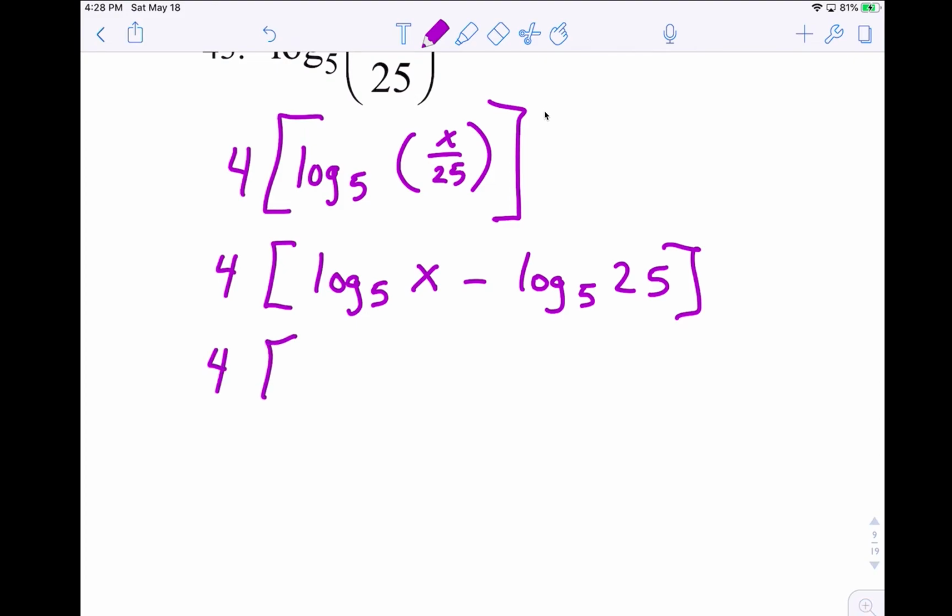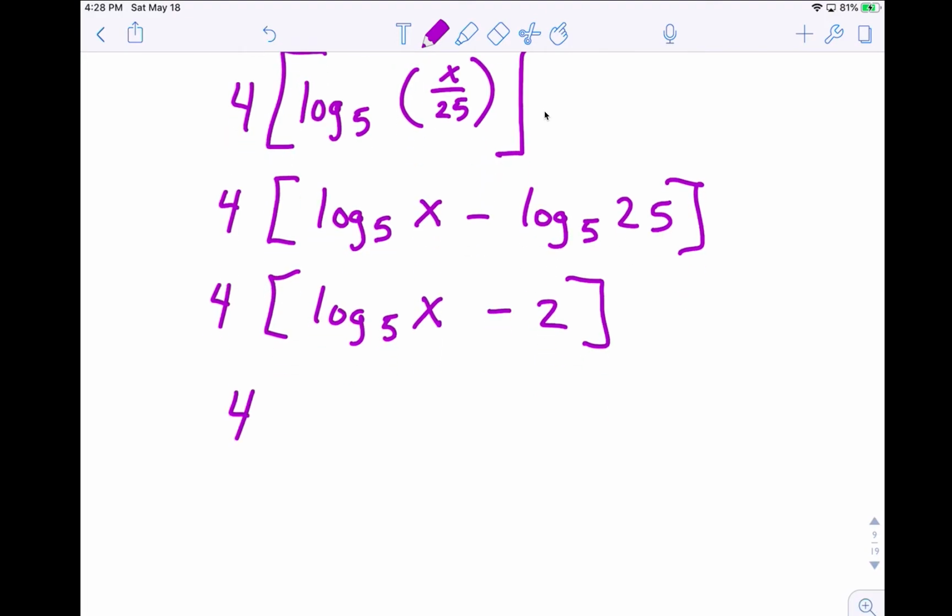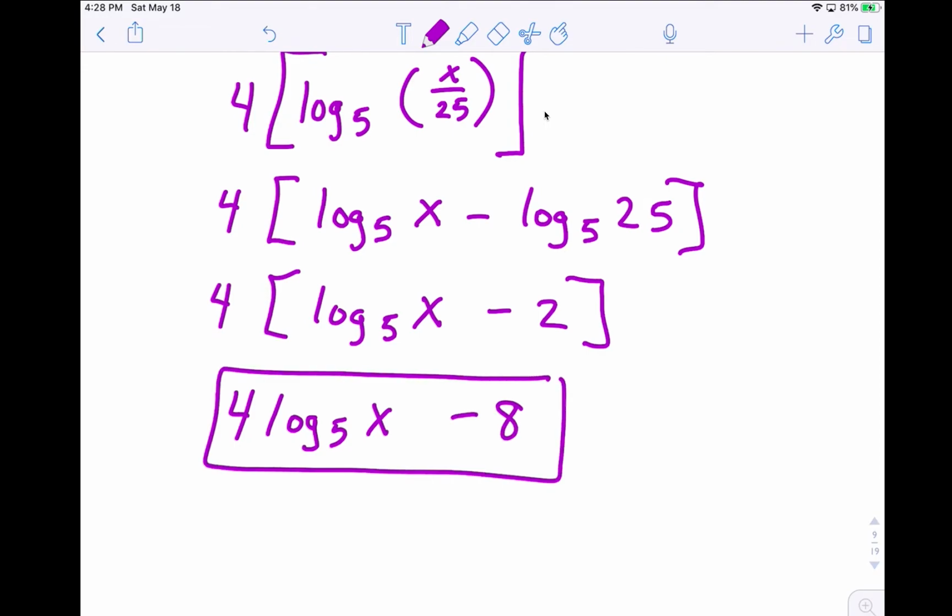All right, now I can simplify log base 5 of 25. 5 to what power gives me 25, which is 2. And then my final answer should be 4 log base 5 of x minus 8. All right, that is completely expanded out.